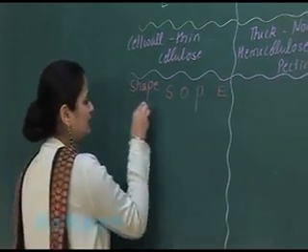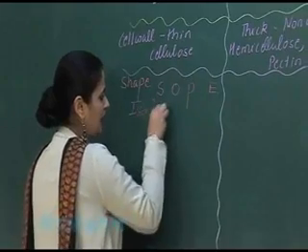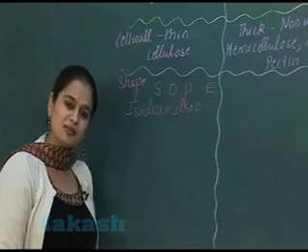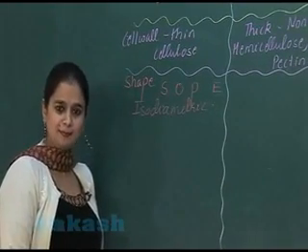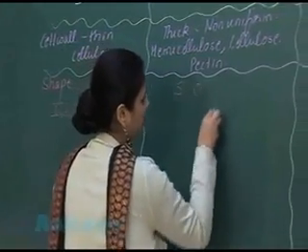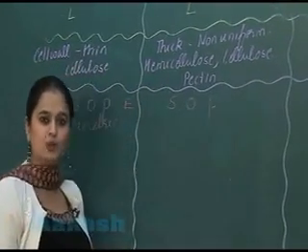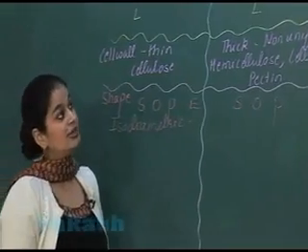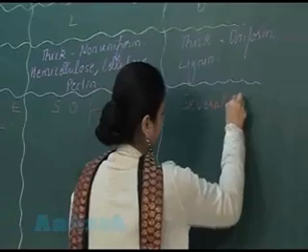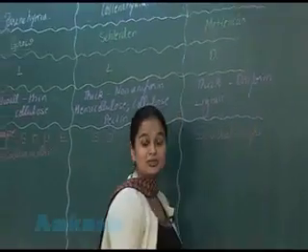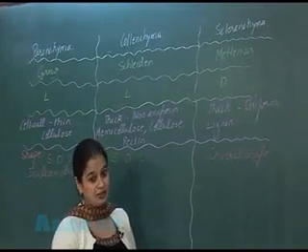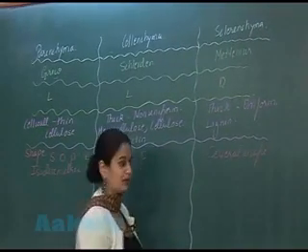Generally, the cells of the parenchyma are isodiametric. Isodiametric means all the sides are same, right? Collenchyma, again, SOP: spherical, oval and polygonal. And in the sclerenchyma, several shapes are there. This we will study while dealing with the different types of sclerenchyma. तो जब different तरह का sclerenchyma पढ़ेंगे तो वहां पर इन shapes को हम discuss करेंगे.